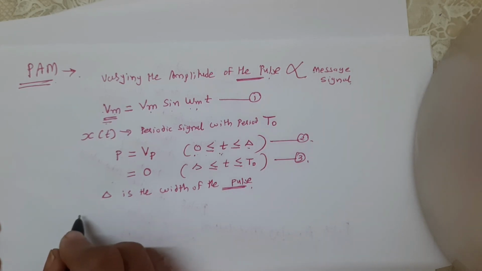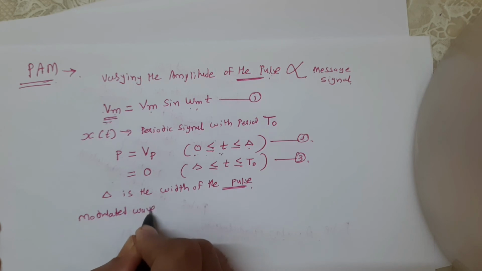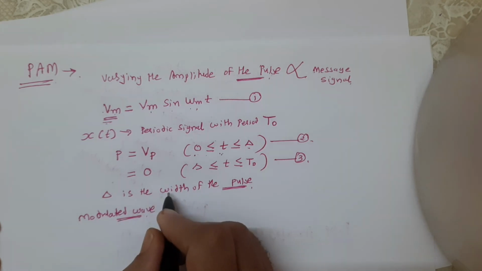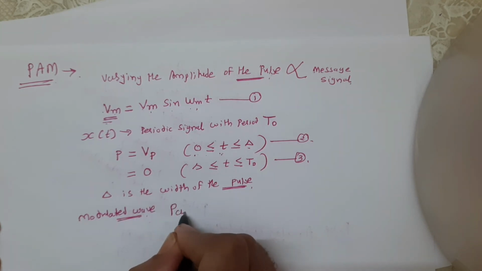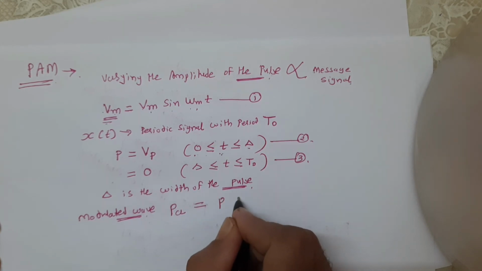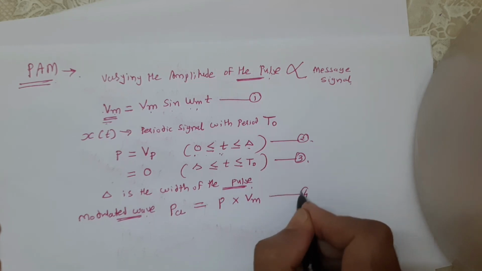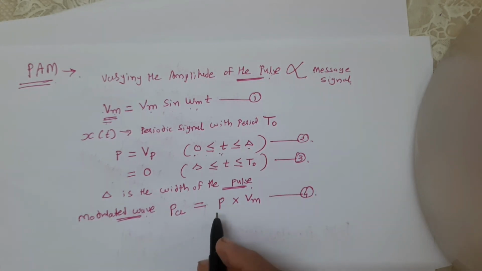Hence, the modulated wave PA is equal to p(t) into Vm(t). What is this? The pulse amplitude modulated wave.